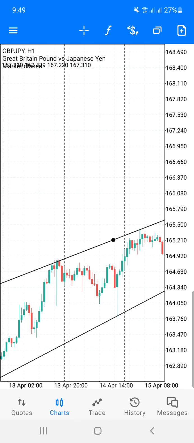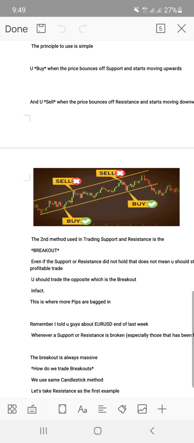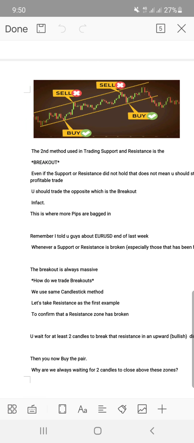So let's go back to the note. Let's see the things I've not covered. See the example I used in this note here. It's almost just the same thing. I think I talked about breakouts here, right?